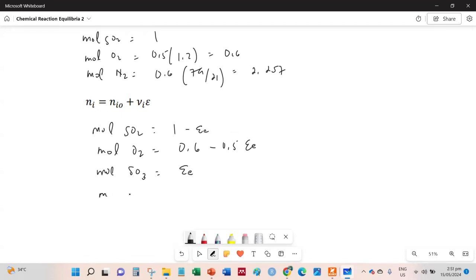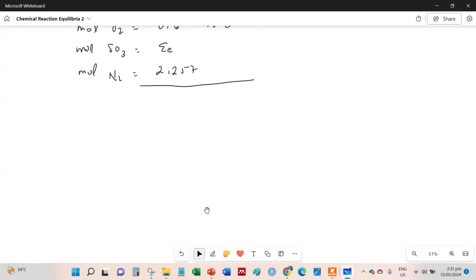Then finally, for N2, it's fixed at 2.257. If we add all of these moles, the total is 3.857 minus 0.5 epsilon sub E.